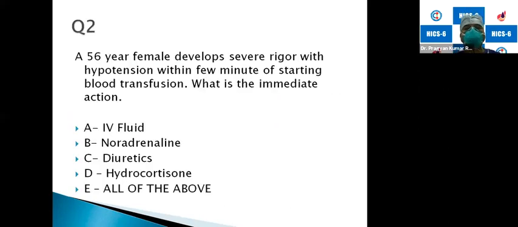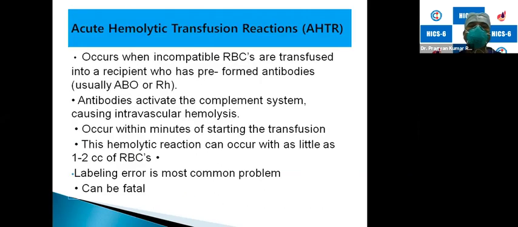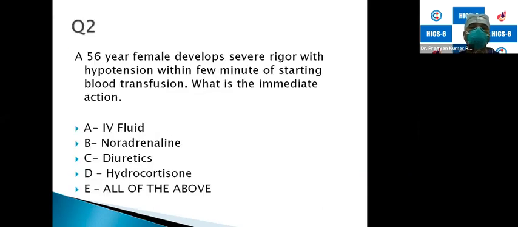Coming to question number 2, somebody develops severe rigor and hypotension a few minutes after starting the blood transfusion. The key here is hypotension and rigor. Whenever there is hypotension after any drug or blood transfusion, it always mandates serious attention, as something serious is happening. This is acute hemolytic transfusion reaction, which, as I have already told, happens within a few minutes.